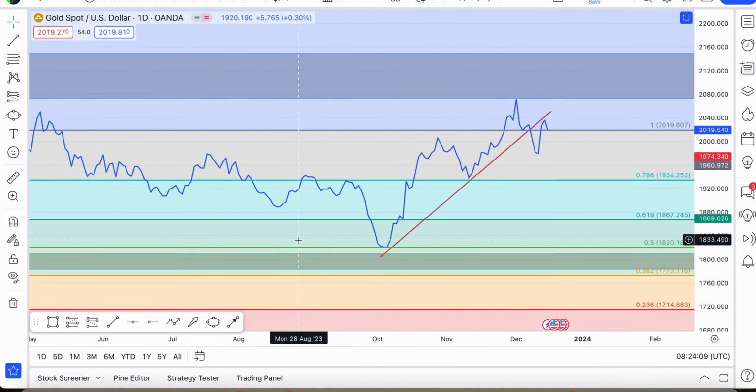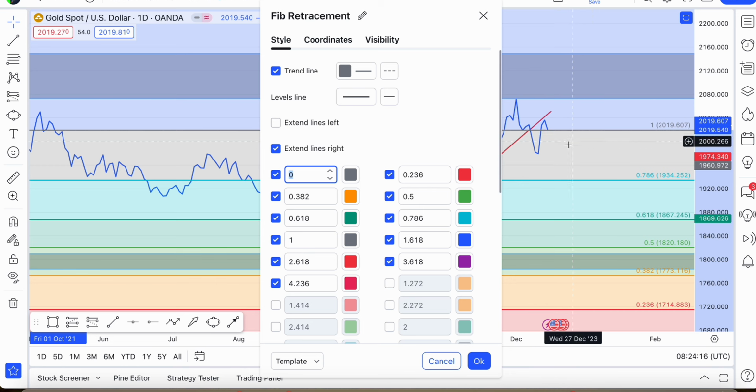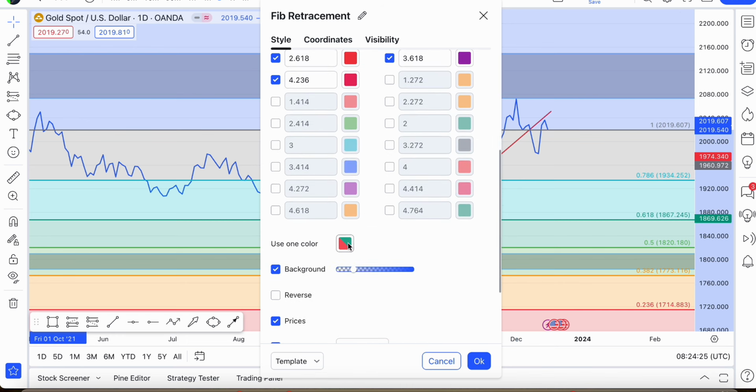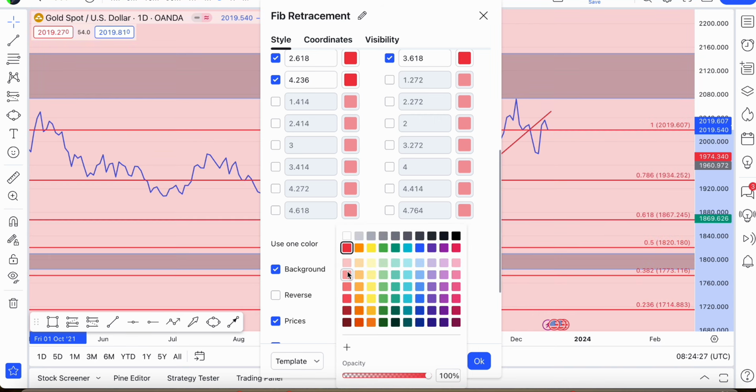Is it open? Because let me see. Yeah, 1.618 is there. Let me change the color of the background, I'll use one color. I want to use red layers. Let me see.